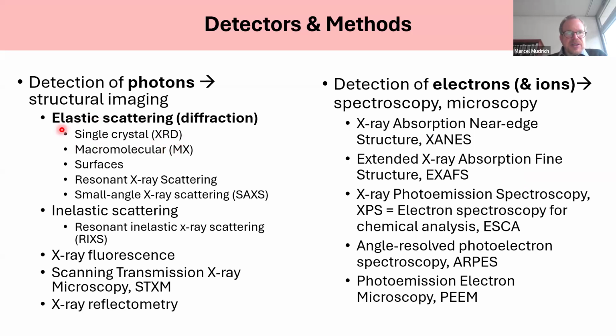X-ray diffraction is done from single crystals. Then we can use the nice periodicity of the crystal lattice and the Bragg diffraction condition to measure sharp diffraction orders and sharp peak patterns of the diffracted light.